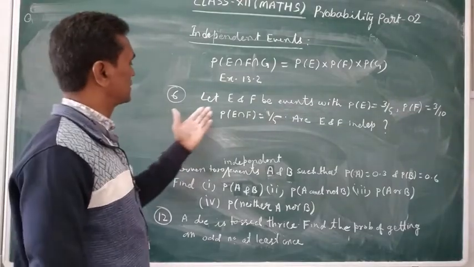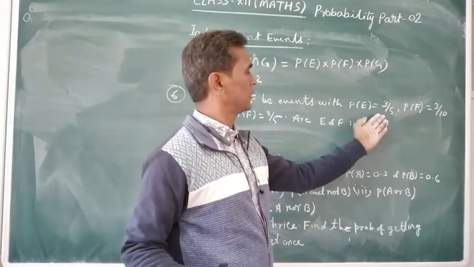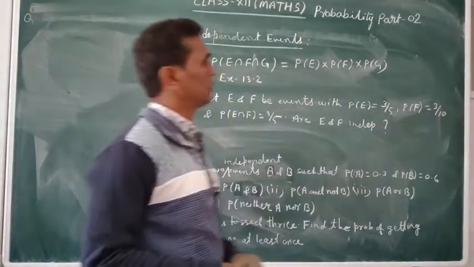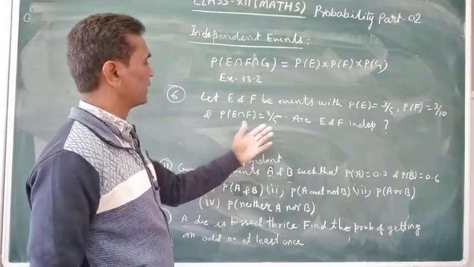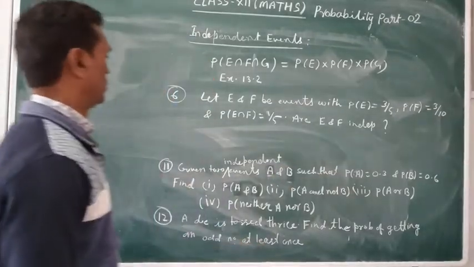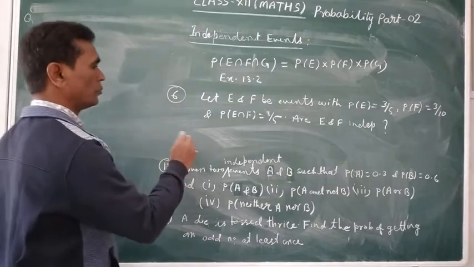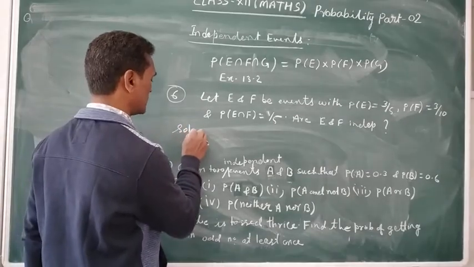Question number 6 is: let E and F be two events with probability 3 by 5 and 3 by 10, and probability of E intersection F is 1 by 5. Are E and F independent? So for E and F to be independent, how do we solve this?